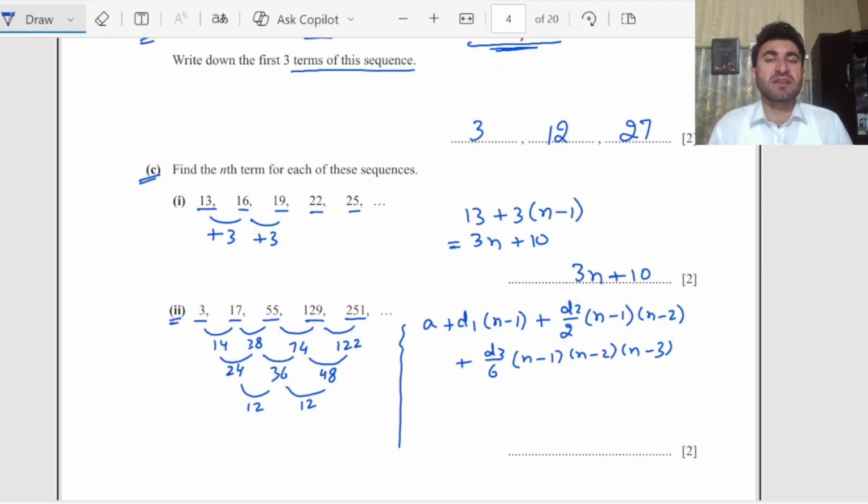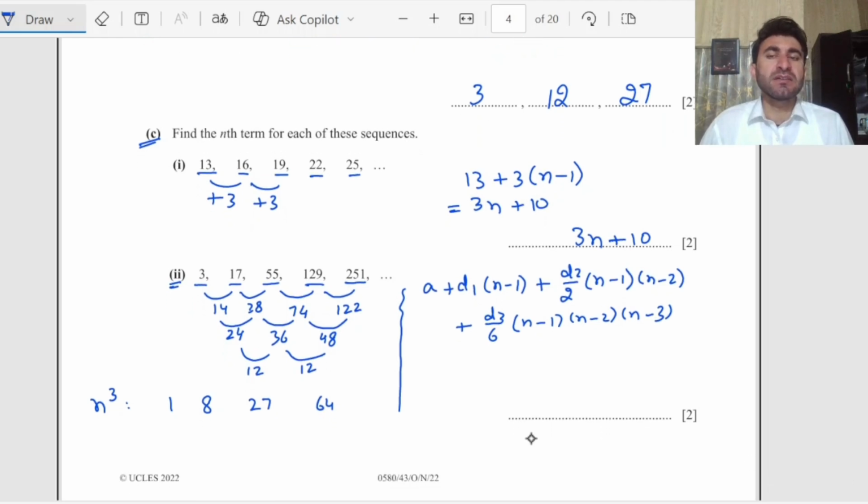By investigation, it means we know the n cube sequence is 1, 8, 27, 64, and 125. So we will check which number is multiplied to this n cube and then which number is added or subtracted. If I multiply it with 2, it becomes 2n cube, giving 2, 16, 54 and so on.